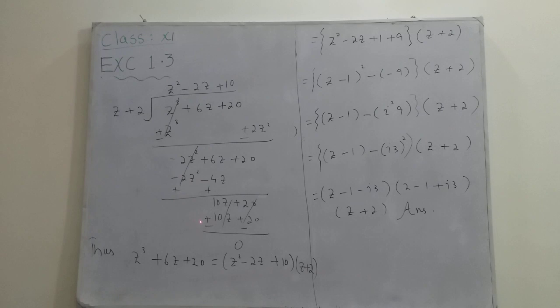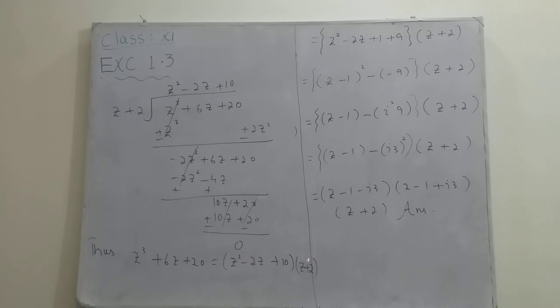Multiplying with 10, we have 10z plus 20, remainder 0. Thus this dividend can be written as divisor into quotient, and remainder is 0, so no need to write the remainder. Here quotient is z square minus 2z plus 10 and divisor is z plus 2. You can write first divisor then quotient.